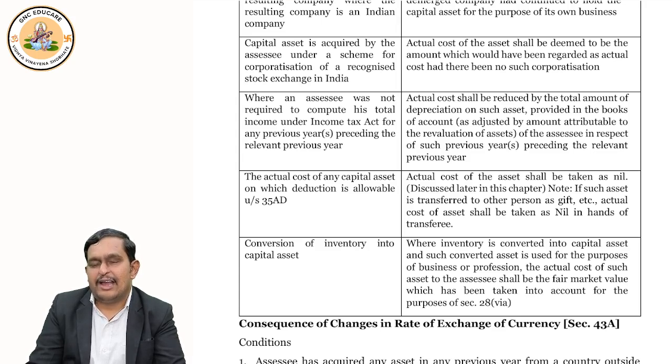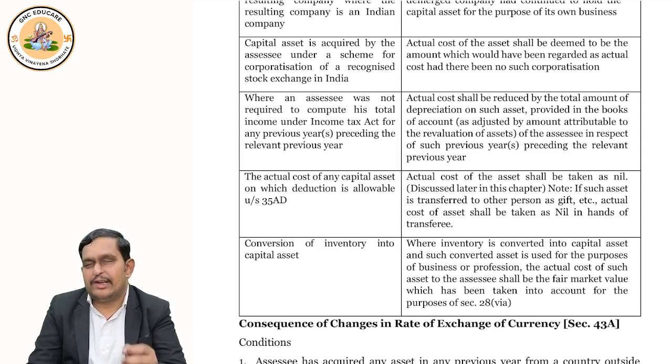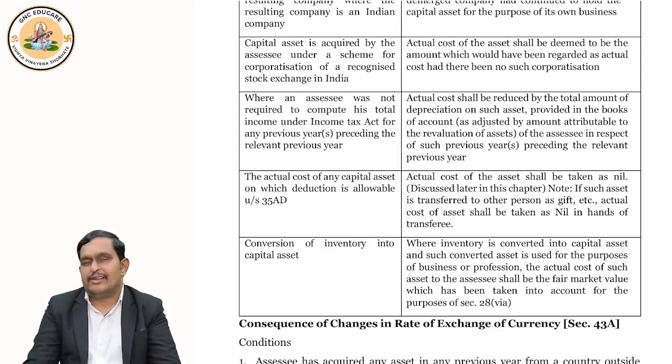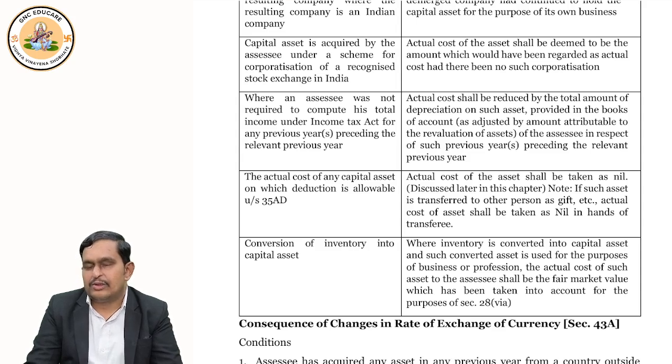There, a 100% deduction is claimed. Now if you get 100% deduction under 35AD itself, is there any need to claim depreciation? No need. So that's why the actual cost for the assets mentioned under 35AD becomes zero, nil.